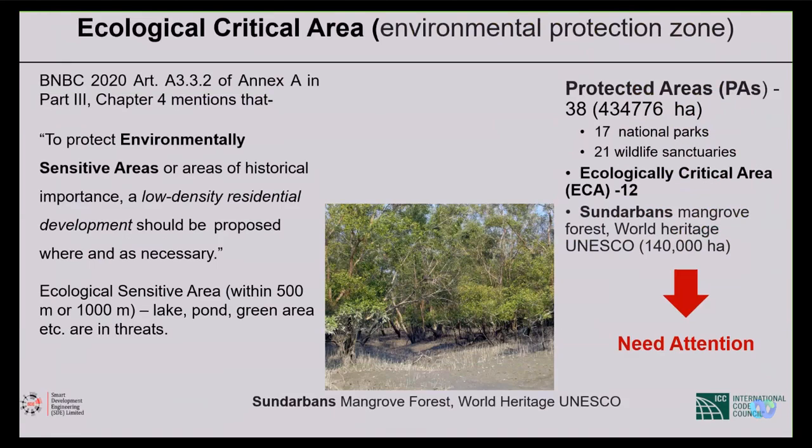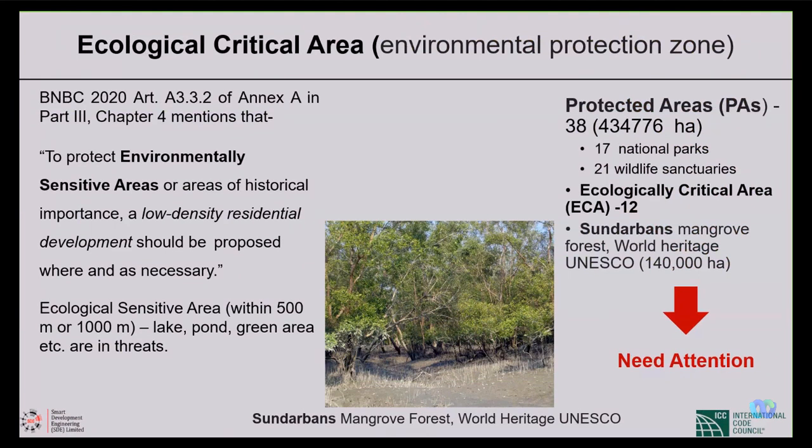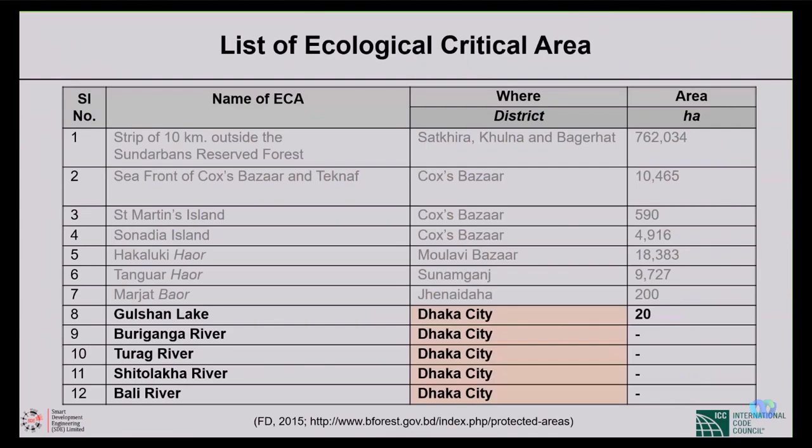What you're talking about here is protected areas. There are 38 protected areas, and ecological critical areas. There are 12. Out of 12, these 12 are already endangered, already threatened. So we need to pay attention to that.